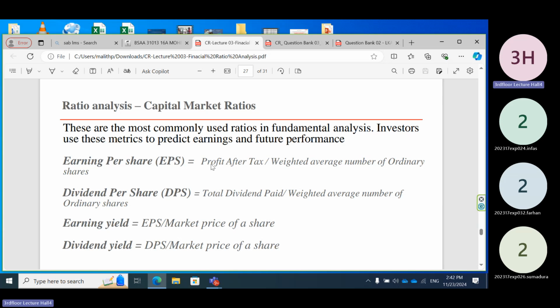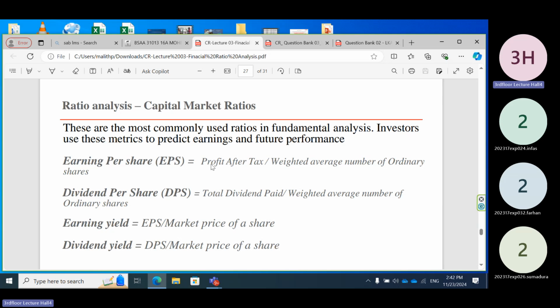And then dividend per share. In most cases, earning per share is a higher value compared to dividend per share. Why? Most companies do not distribute all earnings to the shareholders.